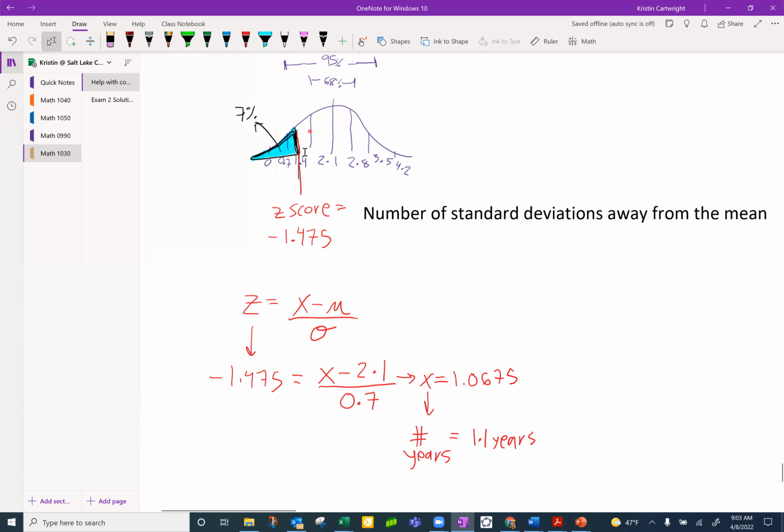One standard deviation from the mean was this 1.4 right here, so it makes sense that it would be about 1.1. It wasn't quite 2 standard deviations from the mean, which would be 0.7 years. So it was in between 0.7 and 1.4, and 1.1 seems like a reasonable answer. And that is the answer for this problem.